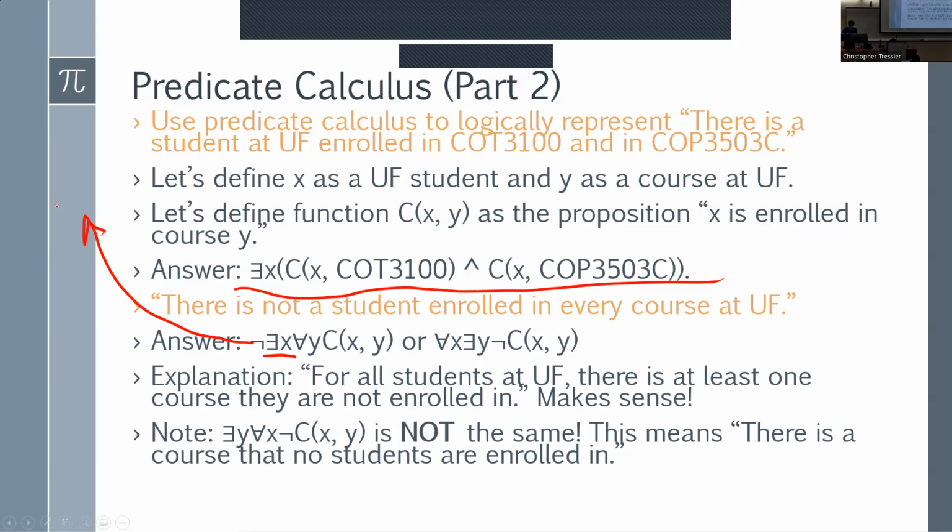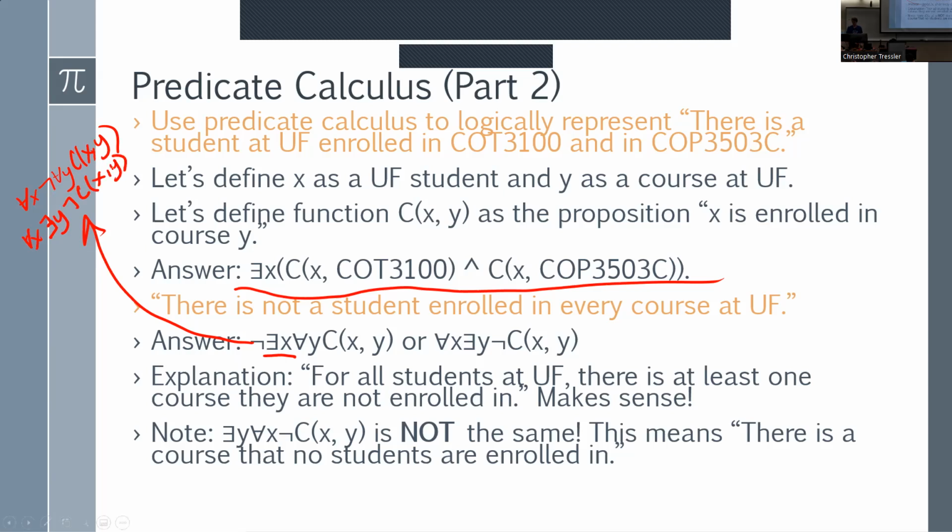So we're going to start by saying this is the same thing as saying for all X, negation, for all Y, C of X Y. Do you guys see how I moved it in one at first? I didn't just immediately do everything. I went one step at a time. We moved the negation in one step and flipped. And then after that, we can move it in one more time to finish it off. We get for all X, there is a Y where C of X Y is not true.